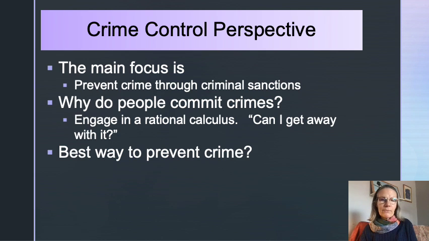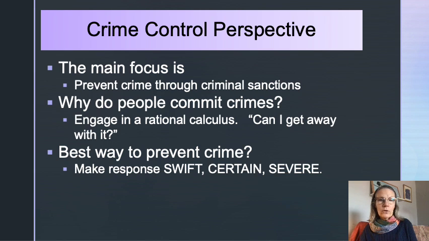From this perspective, what's the best way to prevent crime? Well, the best way to prevent crime is to make sure that those who commit crime are caught and dealt with harshly. And so the best way to prevent crime from the crime control perspective is that you want to make sure that the response to crime is swift, certain, and severe.